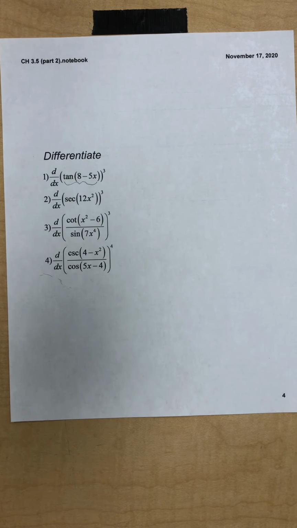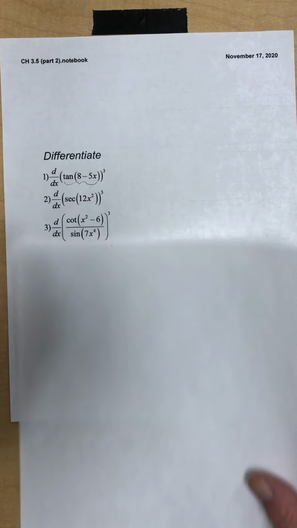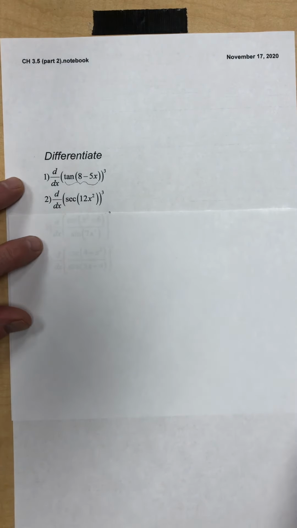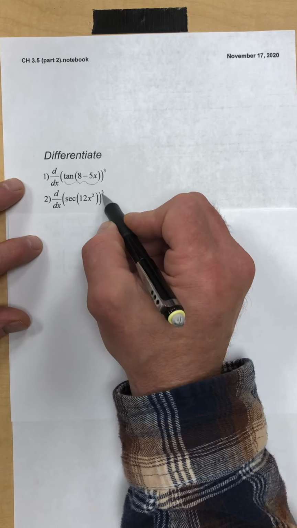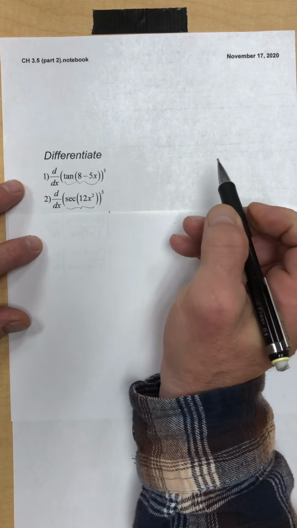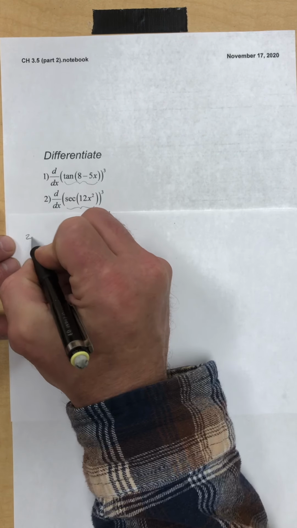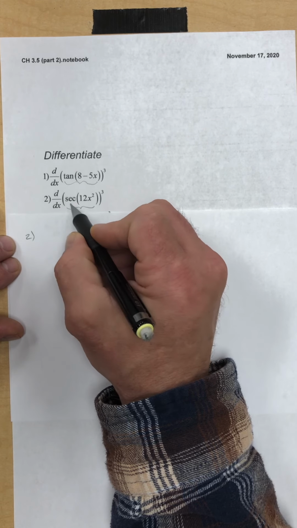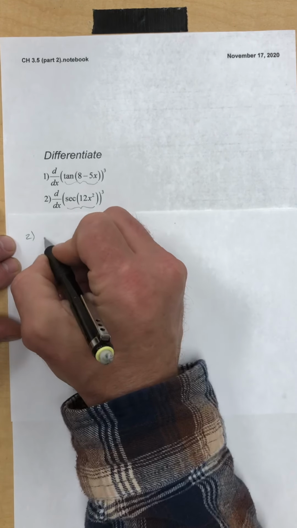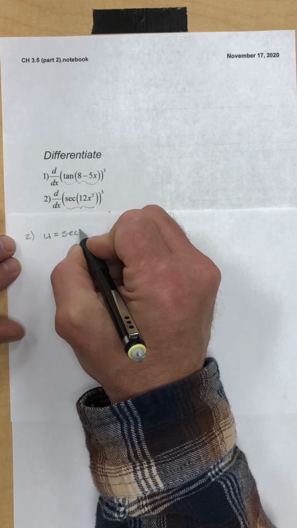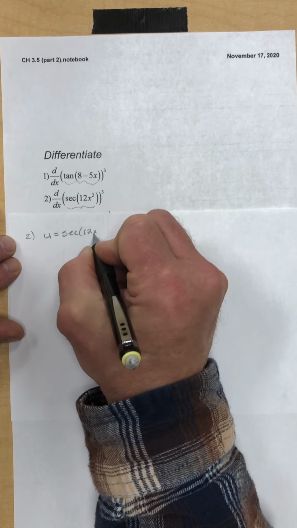Let's check out that second one. Just like the first one, you start outside and work inside. The very first thing we'll do is deal with this exponent of 3 on the outside, so u would be everything inside. So u is going to be secant of 12x squared.